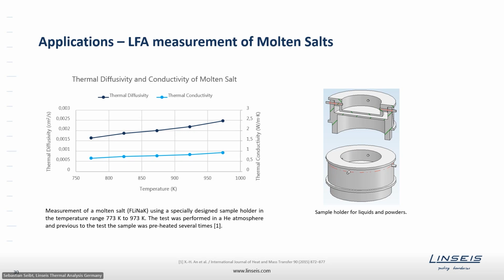The complete test and also the preheating was performed in a helium atmosphere, enhancing this measurement of such type of sample and also this type of sample holder. So this shows an application of a molten salt, which is typically used in the so-called molten salt reactors.